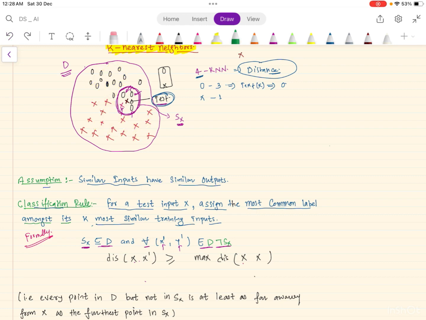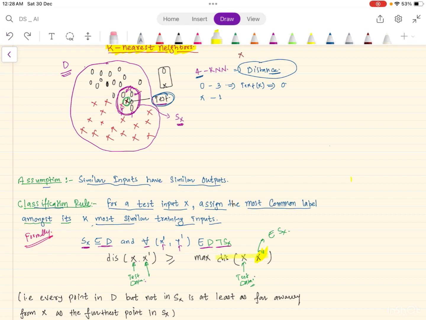Also let me tell you that this x is your test data, right? This x' will be somewhere here, not in Sx, while the points in Sx are somewhere here. Now let's look at what we are doing.